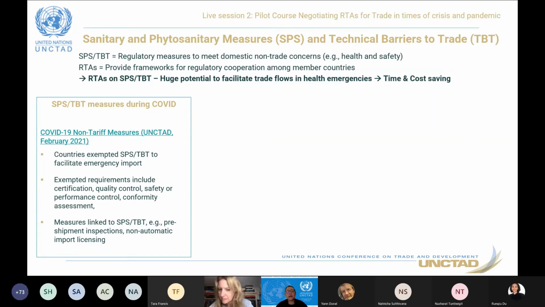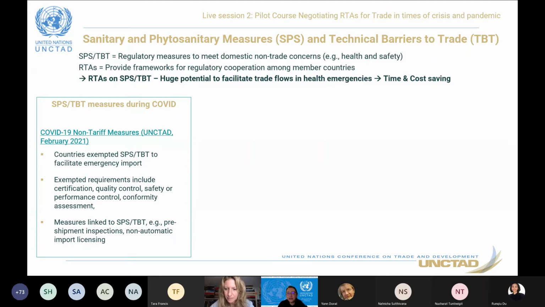In this study, especially figure 2 and table 1 help you to understand that, in terms of trade facilitation measures, apart from subsidies and so on, SPS and TBT indeed were the most used measures for trade facilitation. And what do I mean by used measures?